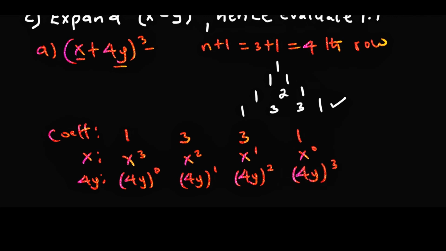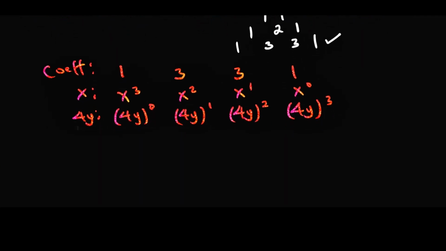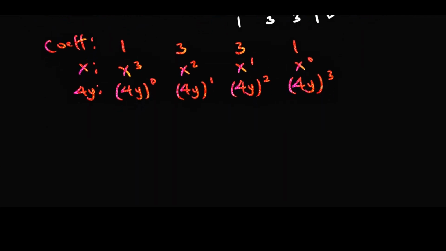So you're going to have to simplify this. 4y raised to power 0 is 1, 4y raised to power 1 is just 4y, 4y raised to power 2 is 16y squared, and 4y raised to power 3 is 64y raised to power 3.